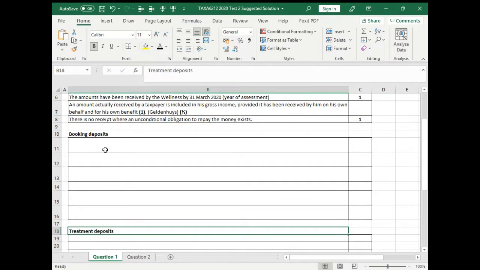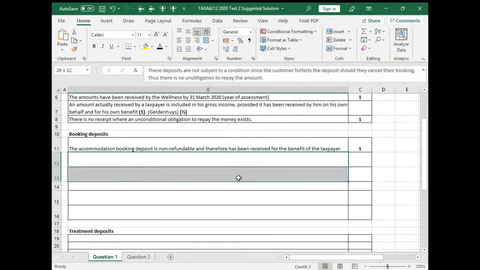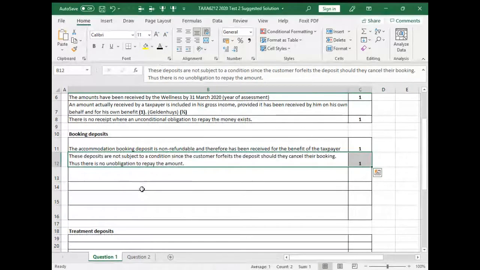Okay, so for the booking deposits, the first thing you would note is that the accommodation booking deposit is non-refundable, and therefore is already received for the benefit of the taxpayer. Because it's not refundable, they have received it for their own benefit. Then you go on to note that the deposits are not subject to conditions, since the customer forfeits the deposit should they cancel their booking.